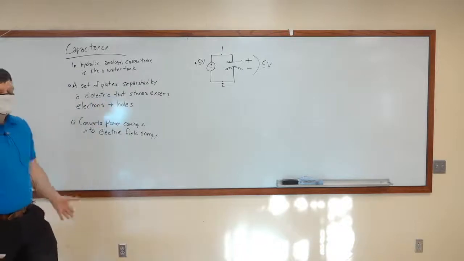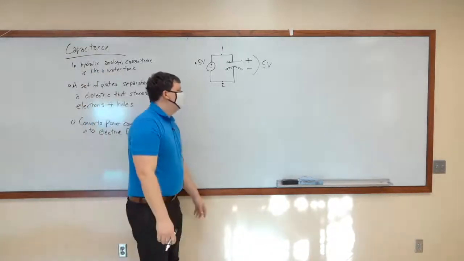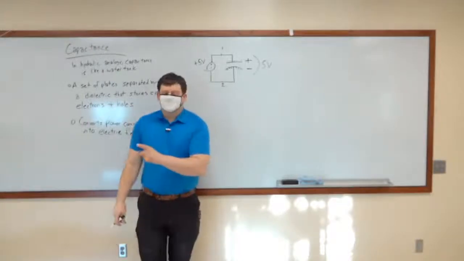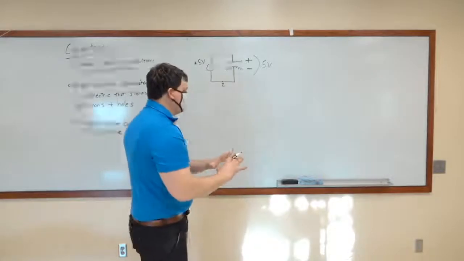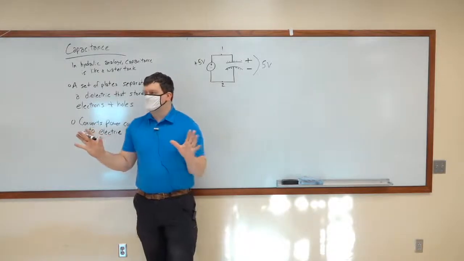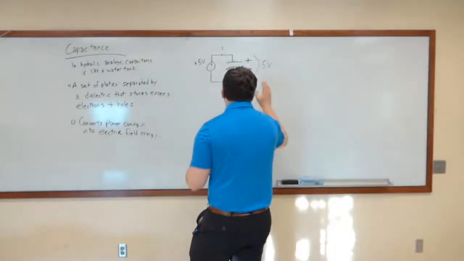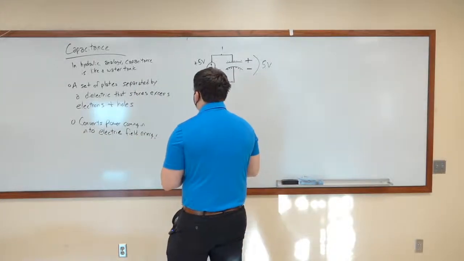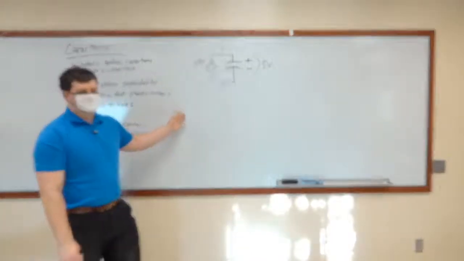Kirchhoff's current law still applies here. However, I guess I'm going to introduce the concept of the relationship between voltage and current in this system. And this is where things start to get weird. This capacitor currently has 5 volts across it. Okay? We know that because KVL has to be true.